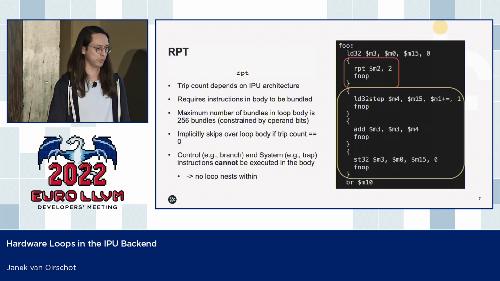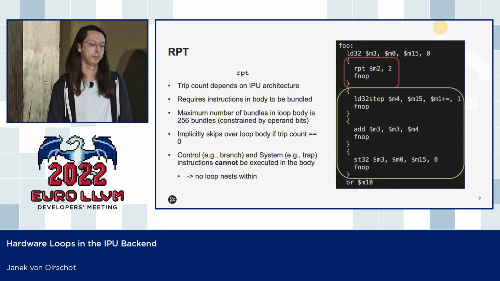To compare back to the example that I showed, we see some of the constraints here where the loop body that I've encircled in the yellow circle is all bundled. It implicitly skips over the loop in case the trip count is 0, so we don't need to precede the repeat itself with a branch that goes over the loop.